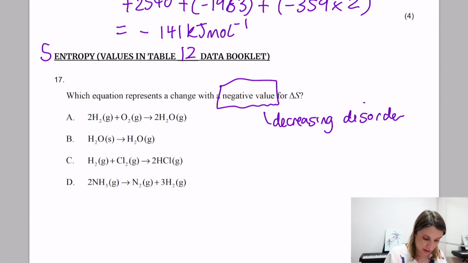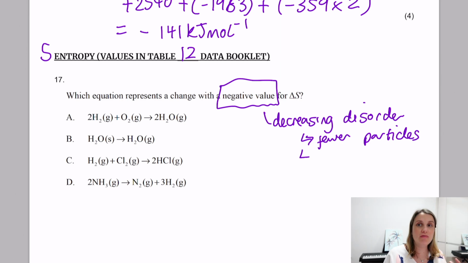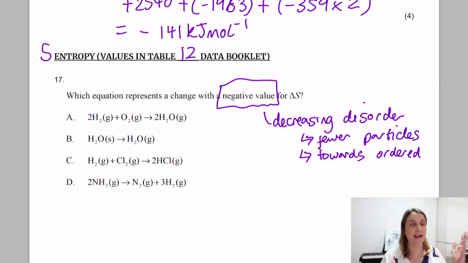So I'm either looking for fewer particles, or fewer gaseous particles in particular, or a general changing of state towards becoming more ordered. So going from a gas to a liquid, or a gas to a solid, or a liquid to a solid will give me a negative value for delta S.